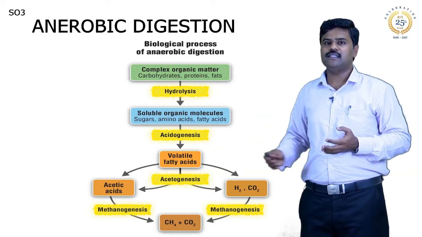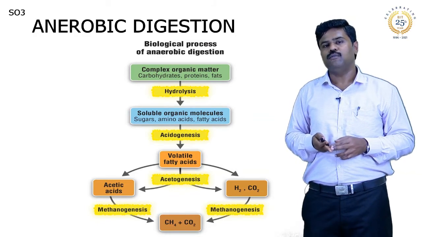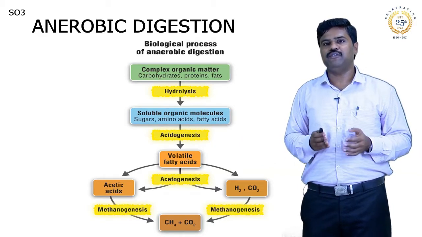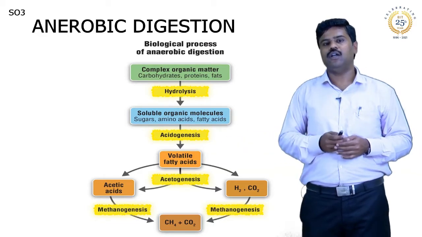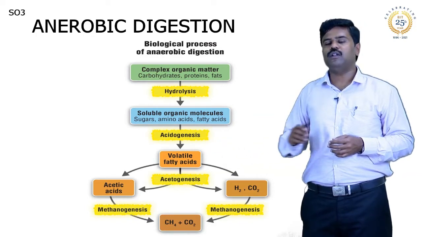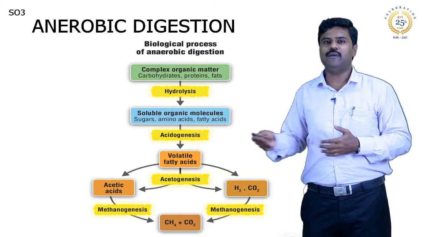Along with these volatile fatty acids, hydrogen sulfide, carbon dioxide and ammonia are also produced. These volatile fatty acids act as a substrate for another group of bacteria called acetogenic bacteria. These acetogenic bacteria convert volatile fatty acids into majorly acetic acid, hydrogen and carbon dioxide.